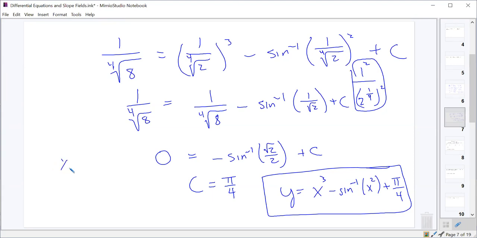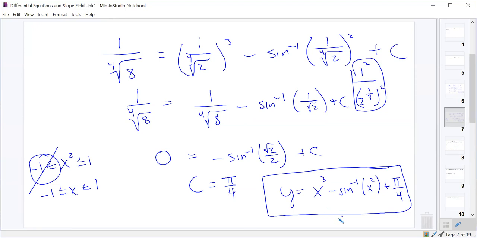Which tells us that x squared has got to be less than or equal to 1, greater than or equal to -1. Well, x squared is always greater than or equal to -1, so this part of it is sort of insignificant because this is always true. So really, we're just looking at when x squared is less than or equal to 1, which would tell us that x needs to be less than or equal to 1, and greater than or equal to -1. But there are no discontinuities within there. We just have a restriction on the domain.